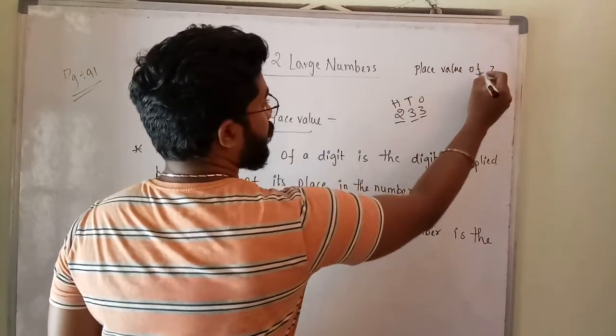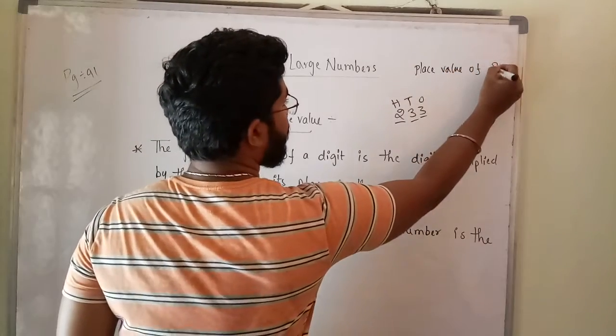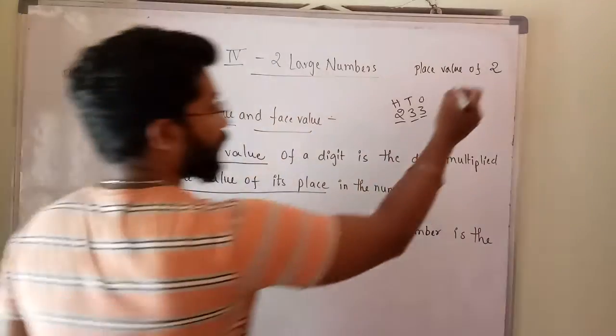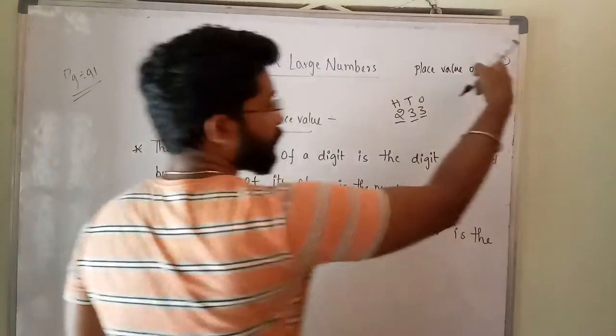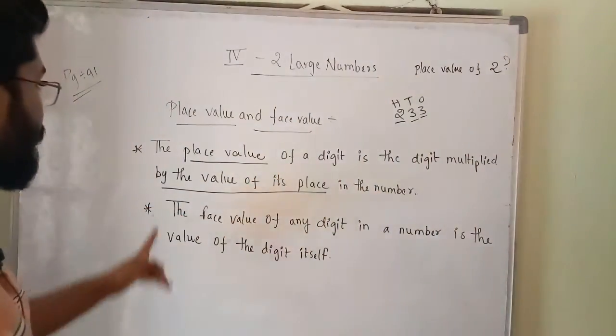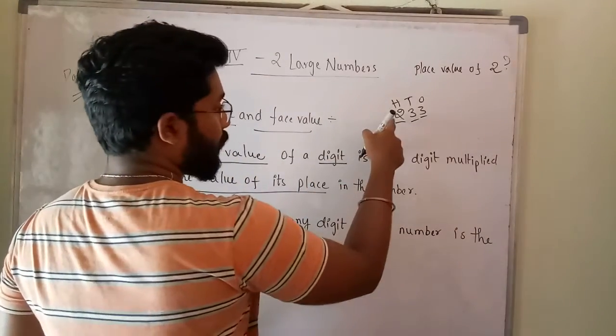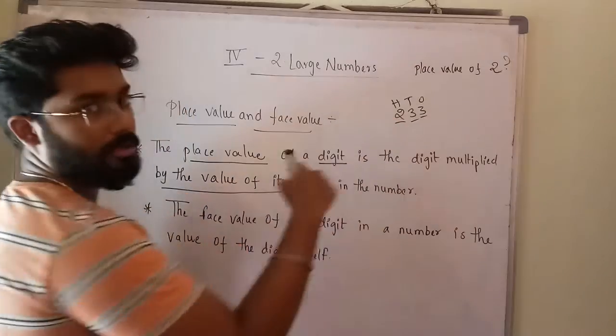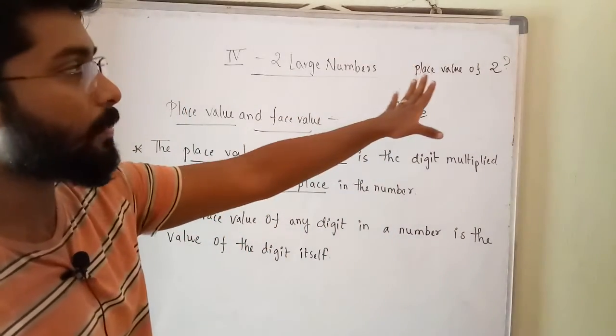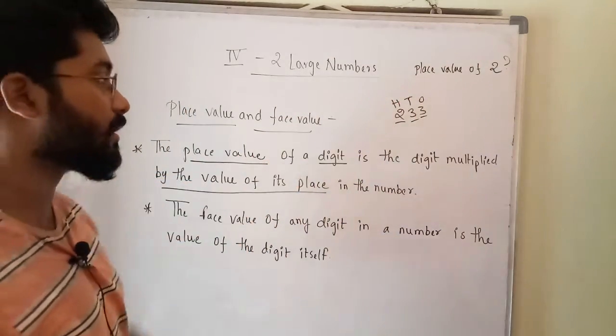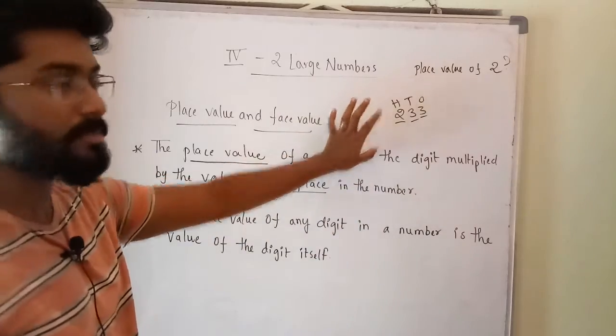The question mark implies that it is a question. Which digit are we talking about? We are talking about 2.